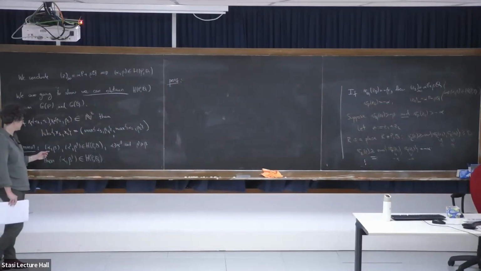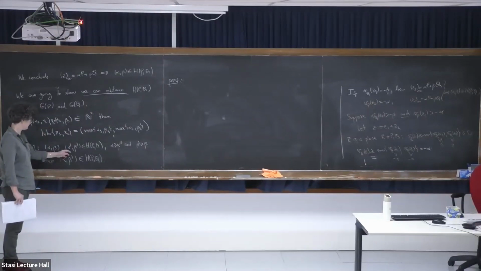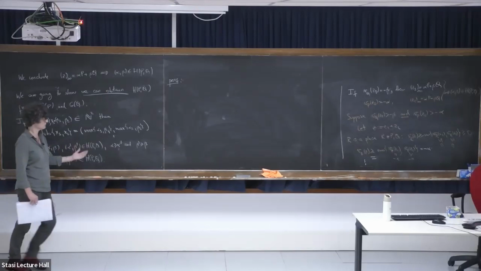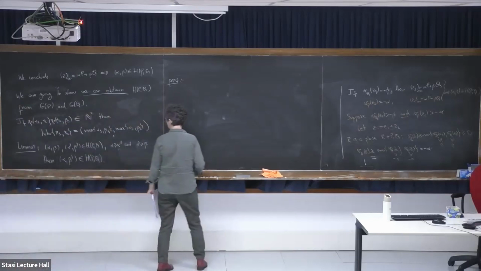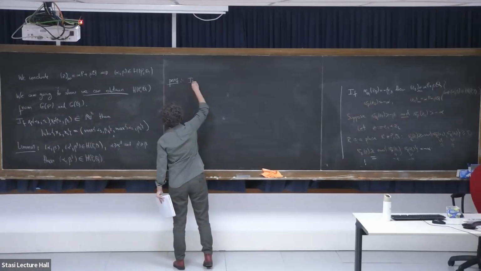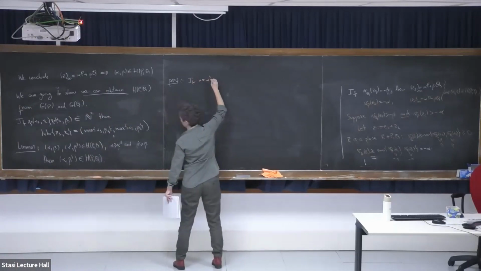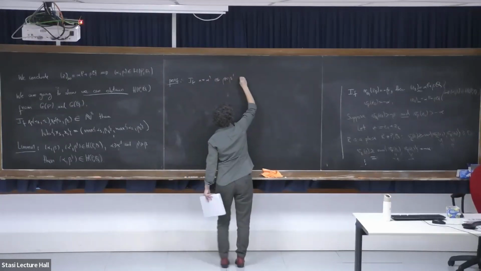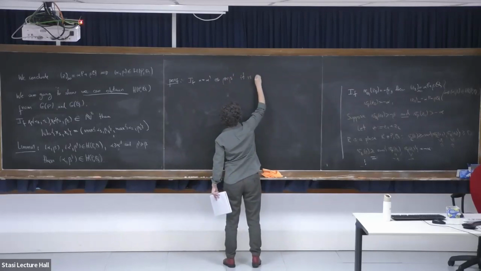Because if alpha is equal to alpha prime, then the loop should be alpha prime, beta prime, and this was already there. So you don't need to prove it. So if alpha equals alpha prime or beta equals beta prime, it's not interesting. Okay?